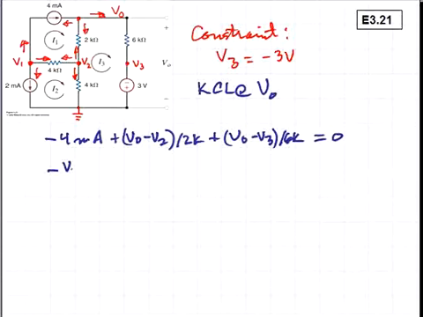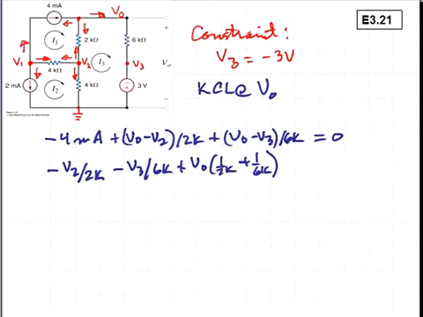Or minus V2 over 2K minus V3 divided by 6K plus VO times 1 over 2K plus 1 over 6K is equal to 4 milliamps.